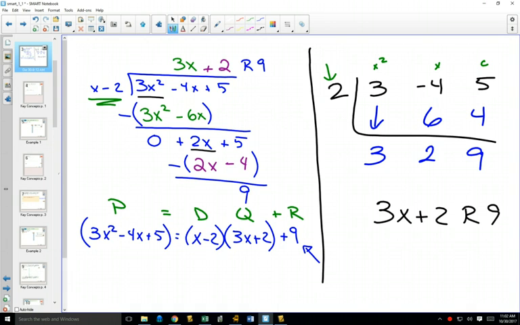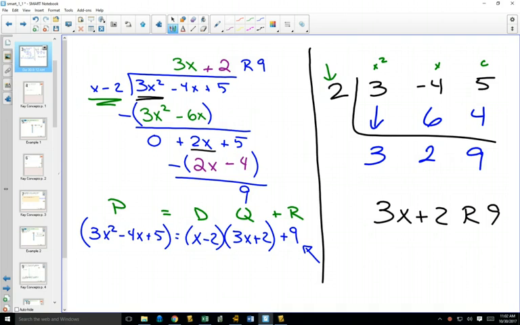Now, one of the patterns that you may have noticed when you underlined, remember we underlined this first value and said, what would we have to multiply x by to get 3x squared? It always was the same coefficient to start with when you have just a plain x here. And so synthetic division, when we learn it, is only going to work in certain situations when you're dividing by x plus something or x minus something.